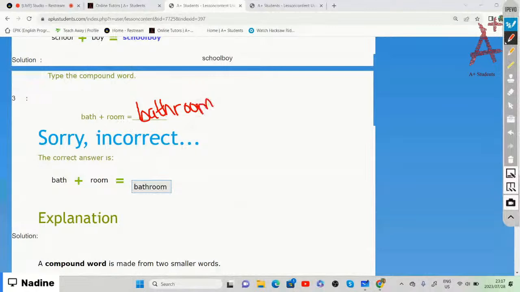And I even made an example of spider plus man equals Spider-Man, or Catwoman, cat plus woman equals Catwoman. So that is called compound words. It is where we take the two smaller words and combine them, or more like add and combine them, and then we create a compound word.